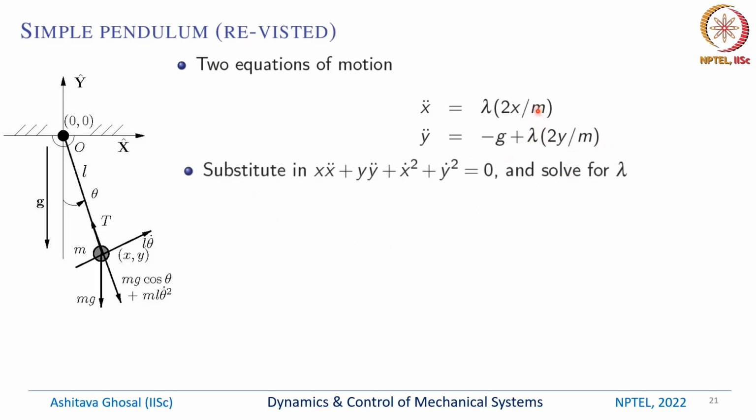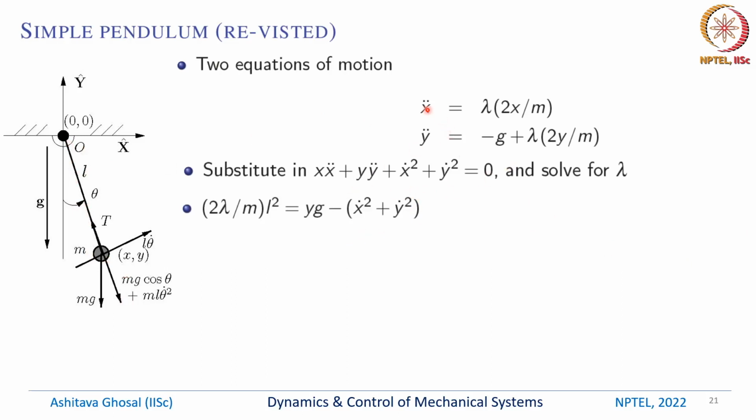Let us substitute this x double dot and y double dot into this, and we solve for lambda. This is basically similar to what I showed you when we have loop closure constraints. In this case, the constraint is that x squared plus y squared minus L squared is 0, and this is the second derivative of the constraint.